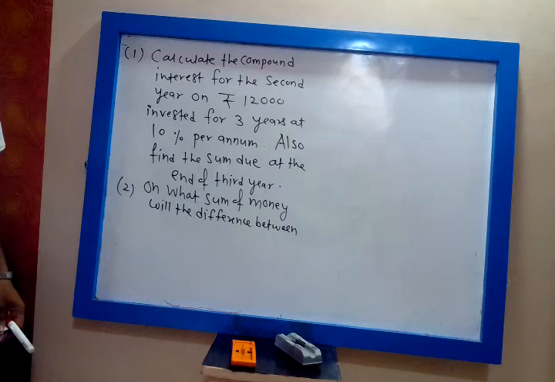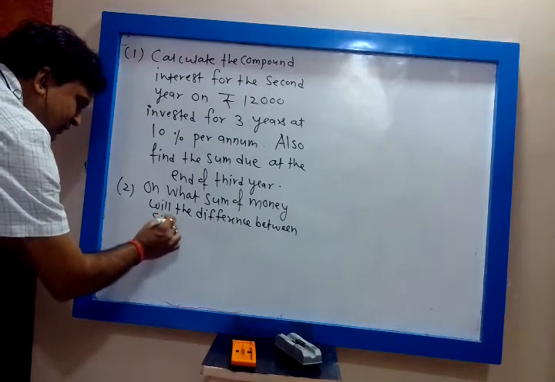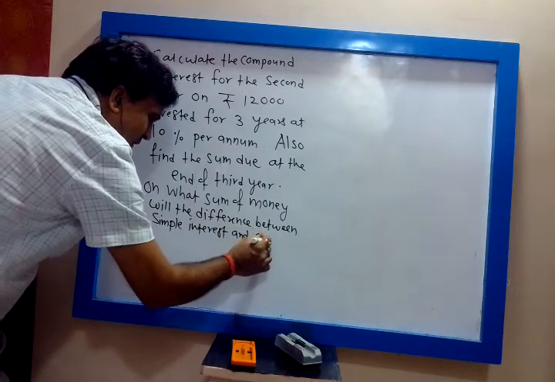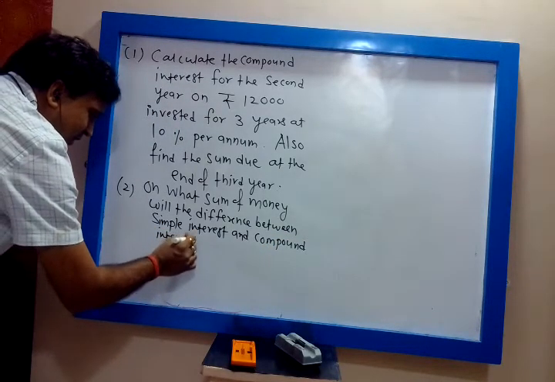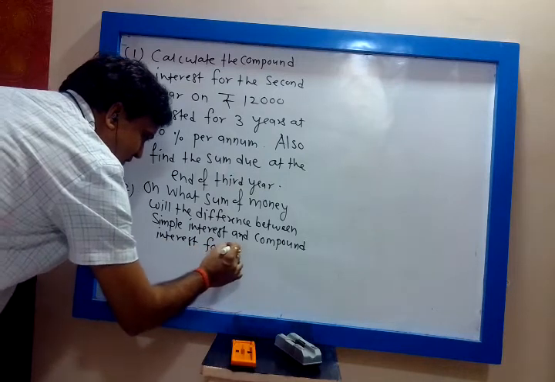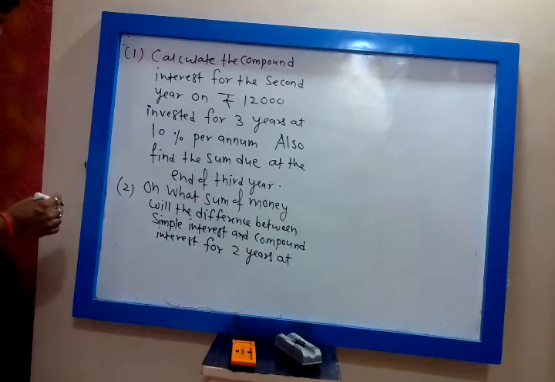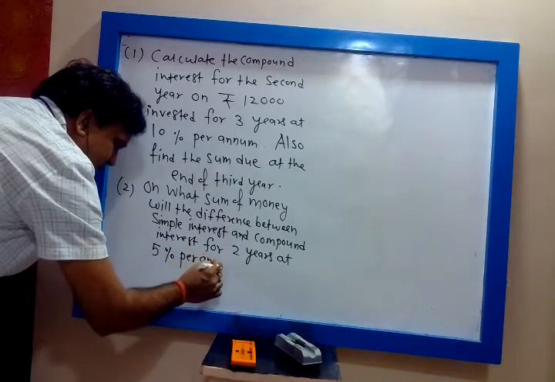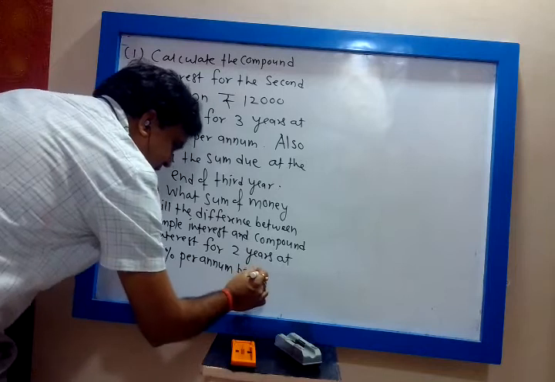On what sum of money will the difference between simple interest and compound interest for 2 years at 5% per annum be equal to rupees 50?